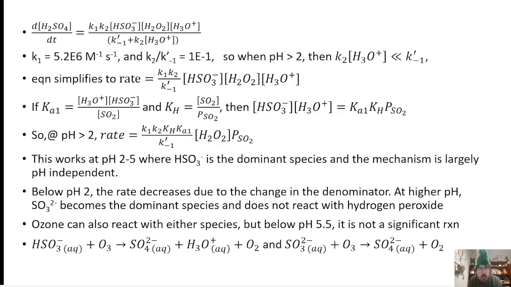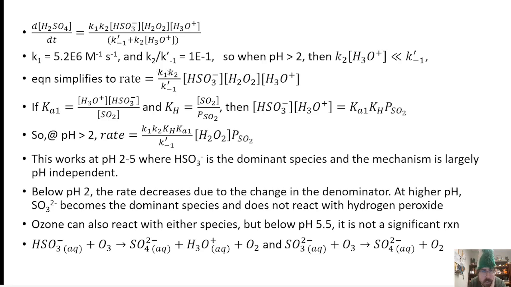If pH is greater than 2, so it's not super acidic, then the rate of K minus 1 is the major factor, and this guy rounds out. And so if the pH is not super acidic, the equation simplifies to this.